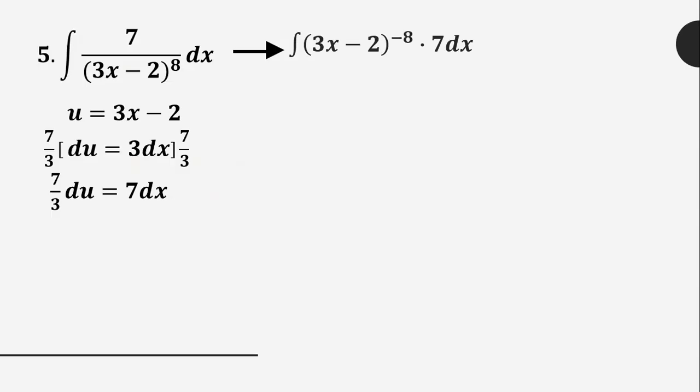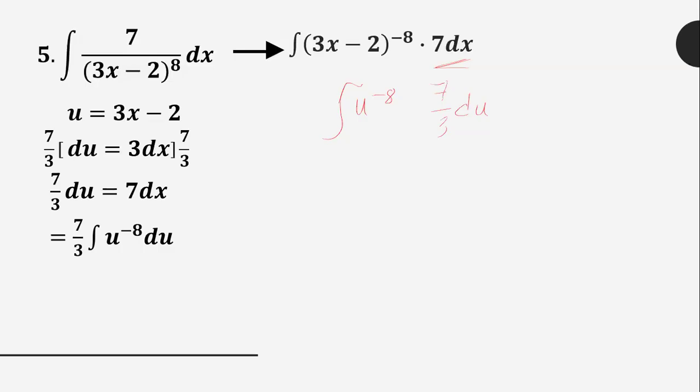Then we can replace now 7 dx by substitution as 7/3 du. Then this is the integral of u raised to negative 8. Okay? So that is how we write it.